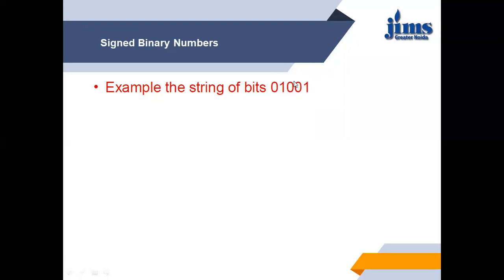The zero coefficient terms will be 0. 1 into 2 to the power 3 is 8, and 1 into 2 to the power 0 is 1. So 8 plus 1 is 9. With the knowledge we have gained in the previous lectures, I may say that this number represents 9.